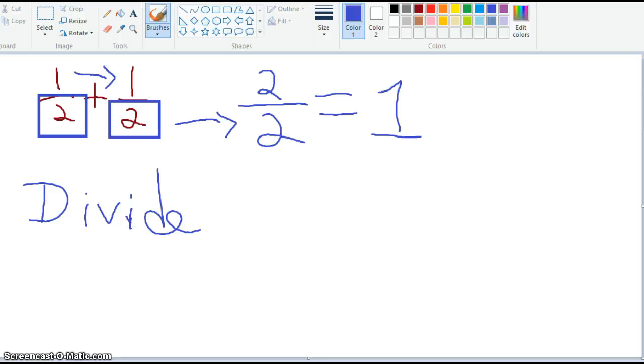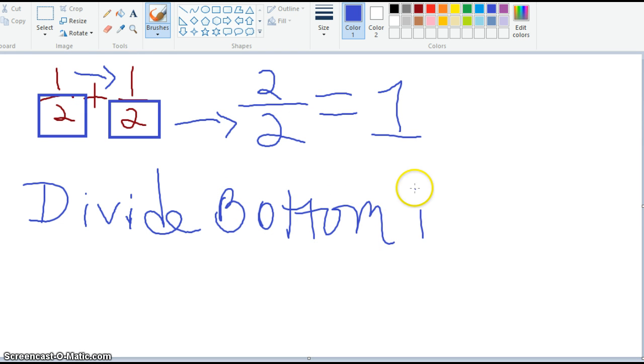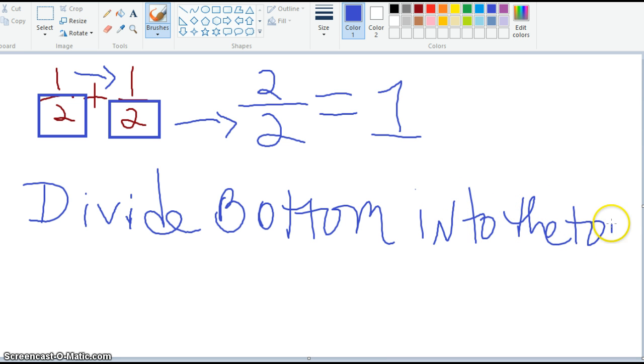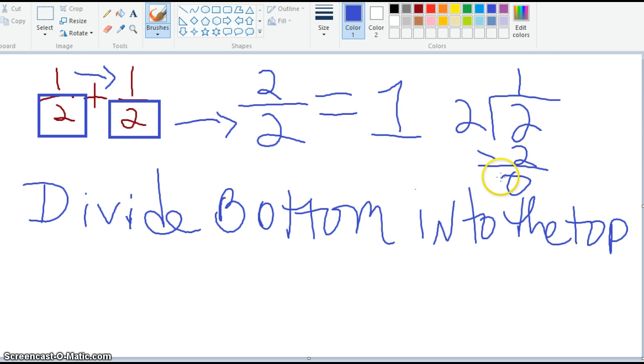If you were to divide the bottom into the top, you would end up with the following: 2 divided by 2, which gives us 1. That is why we end up with 1.